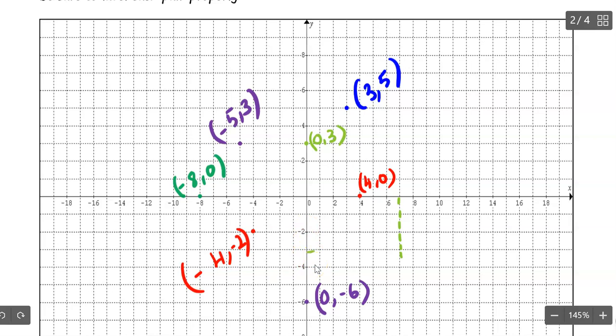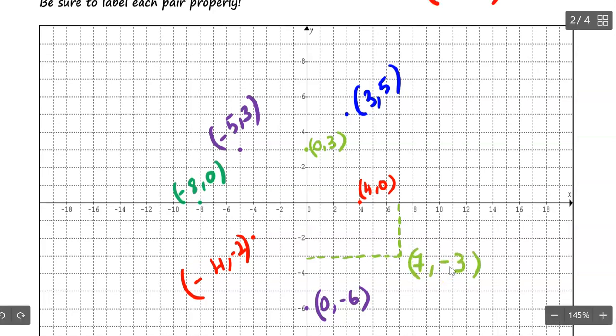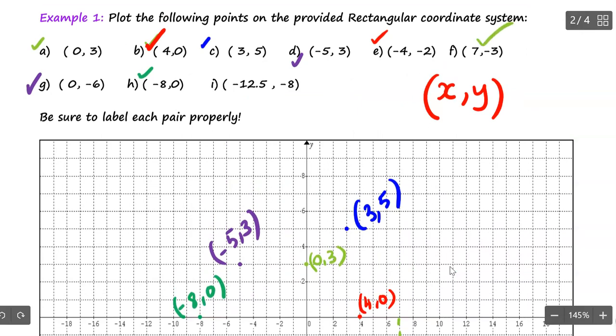So you're going out like this, and then here is your point. Okay, so let me erase this part, and then I will click it here to show you this is the 7 and the -3.